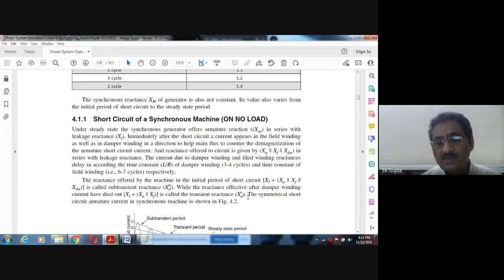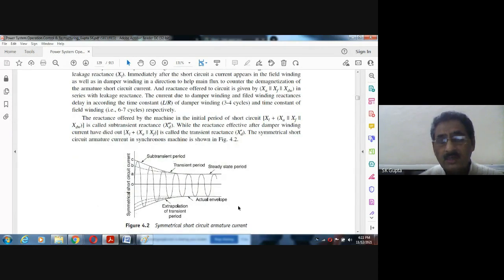So when in the beginning reactance is less, the current will be more. V by XM, V by Z is less now. So the total current will not be the steady state only. When in the steady state, reactance XM is equal to XL plus XA, then this current is there, which we have described above.